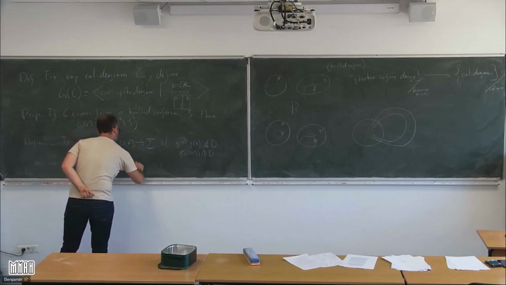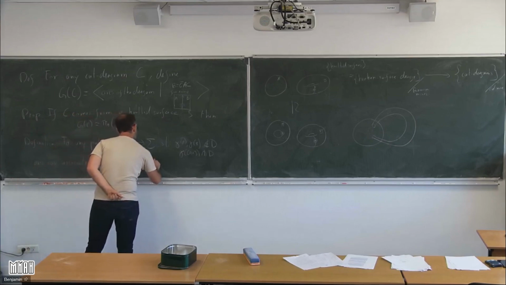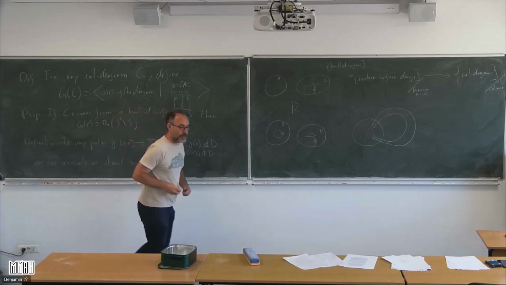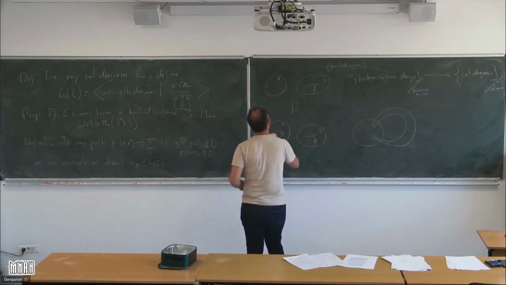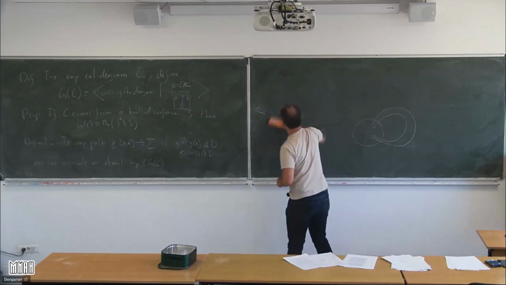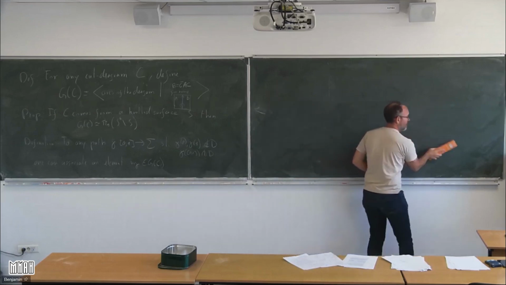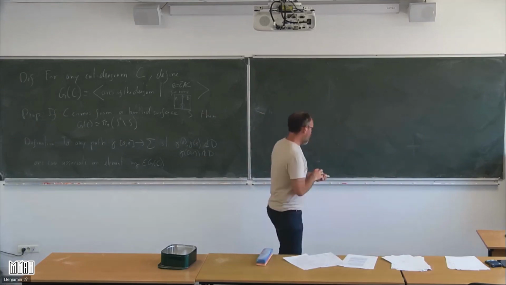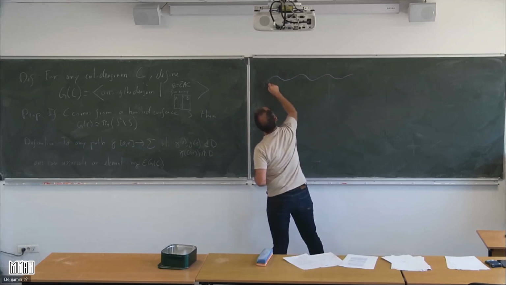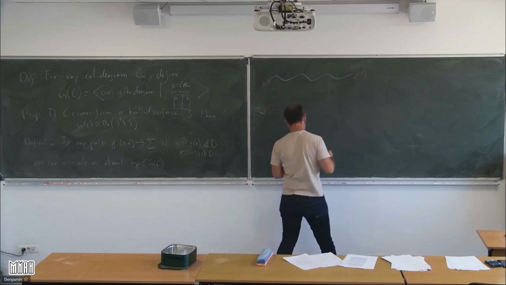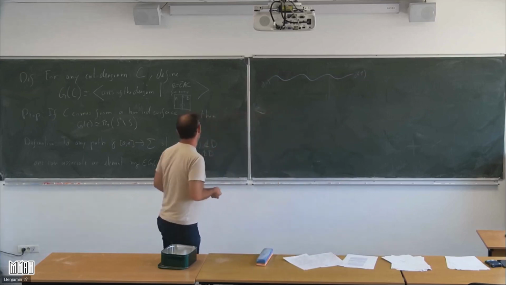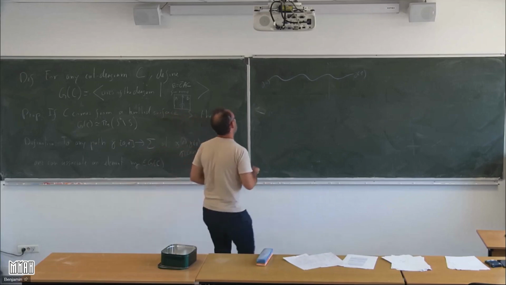On the definition, I will just give an example. So you have your path on your diagram. This path will meet transversely several arcs of the diagram.